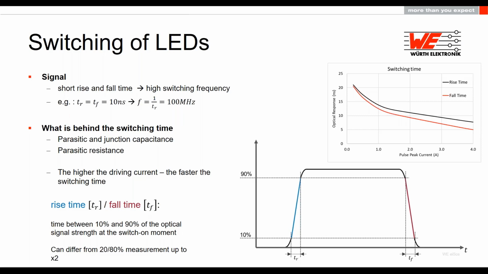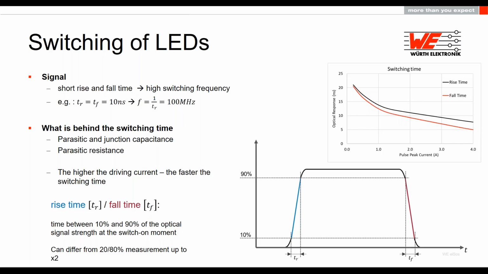We can use the LED in so-called pulse mode. In order to use pulse mode, we need to have a very nice rise and fall time. Usually, our LEDs have a very high switching frequency, in the range of around 10 nanoseconds, which converted in frequency is around 100 megahertz.